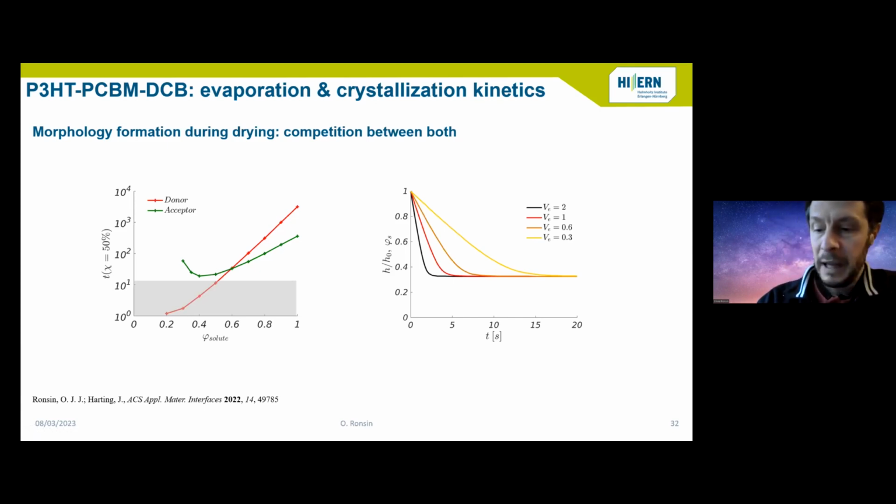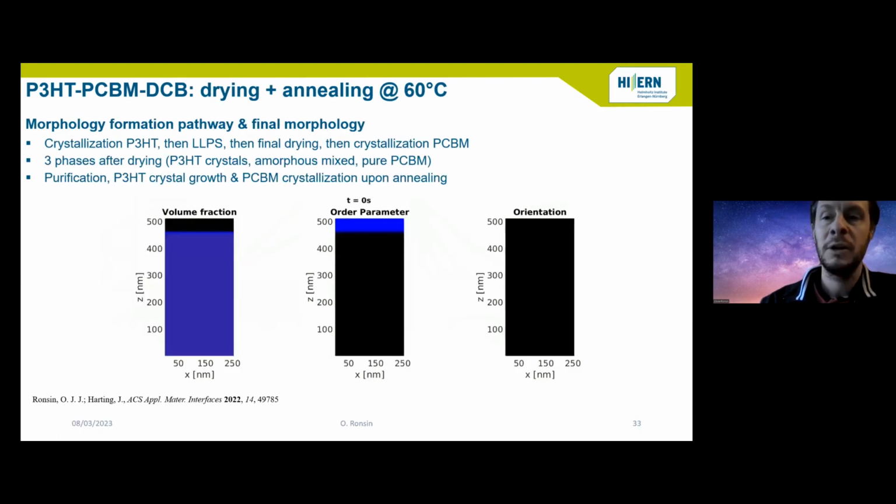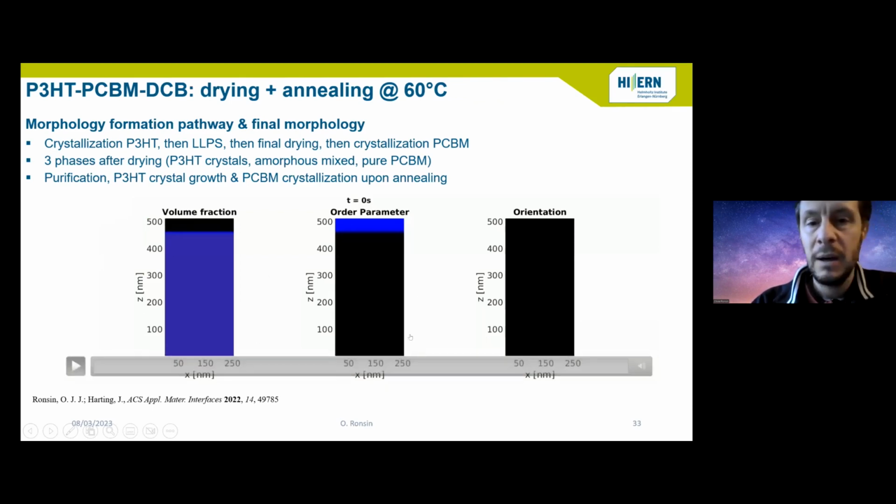Okay, so now with these hints in mind, we can turn to the simulations I wanted to show you, which are simulations of drying of the ternary mixture, followed by an annealing. The color code is slightly different as compared to before. You will have on the left the volume fraction field, in the middle the order parameter field, and on the right, once again, the orientation of the crystallites.